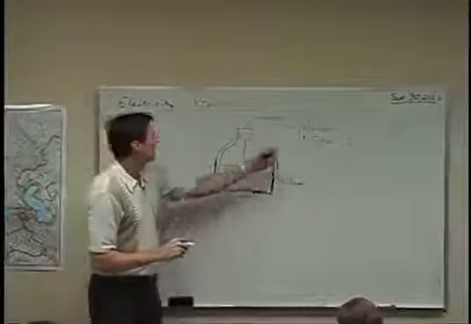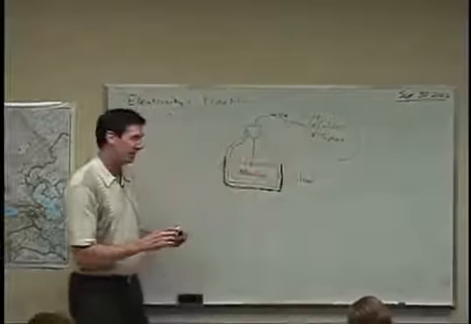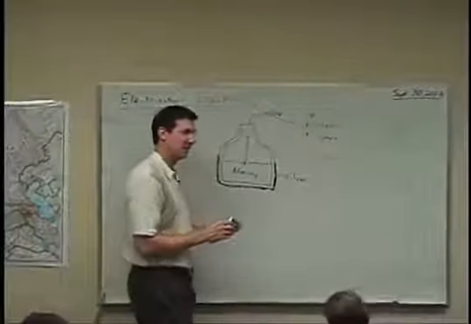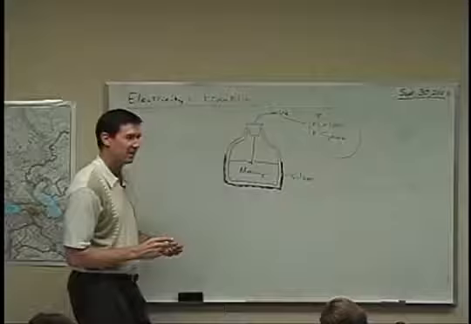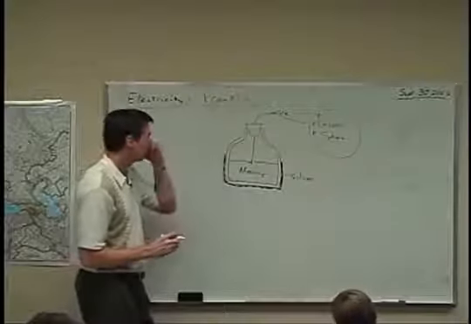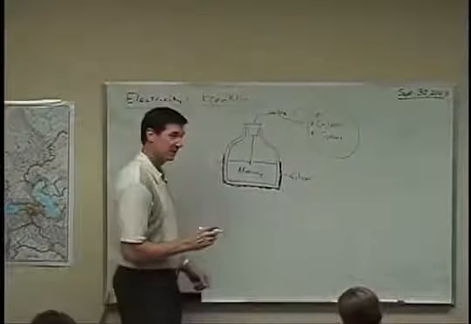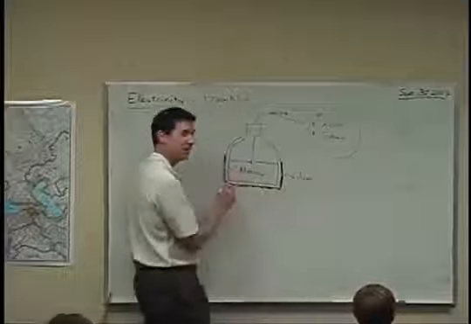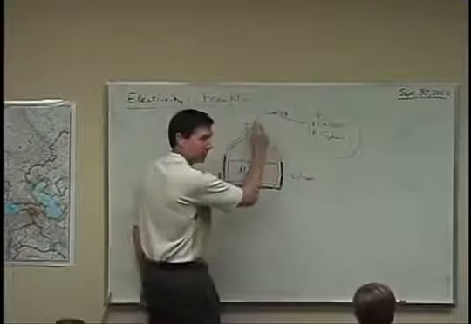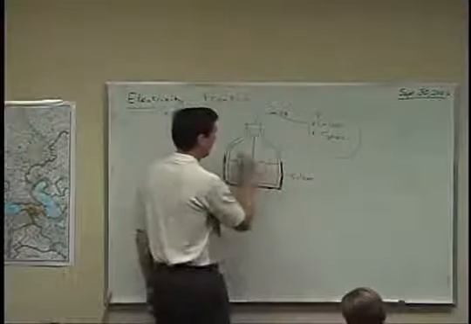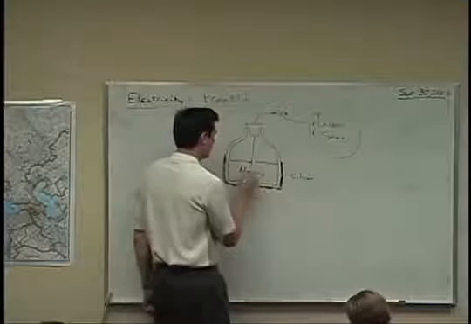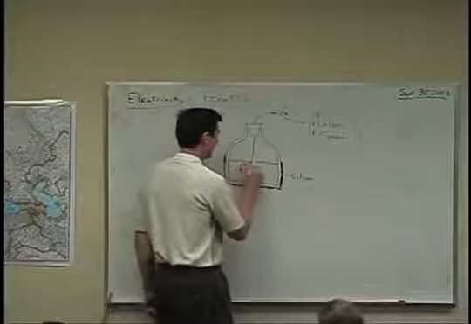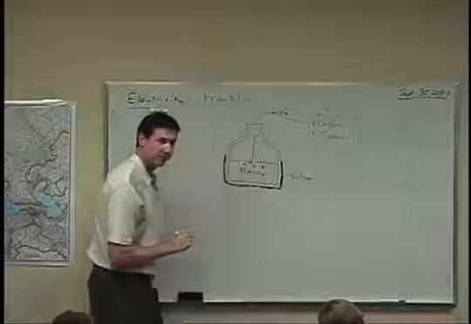Now, what happens when we touch the wire to it? The excess is traveling through the wire into the mercury. Exactly. The wire will take the excess electrical fluid off the glass sphere, and now it's in the mercury.